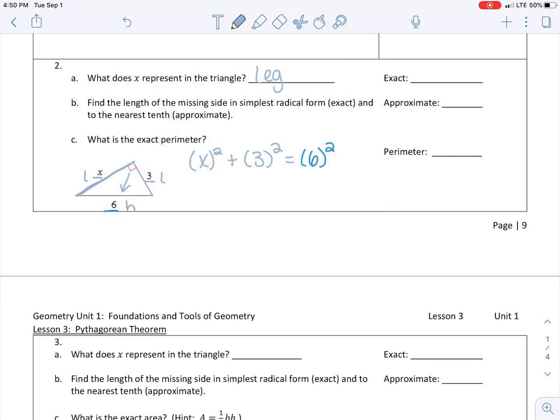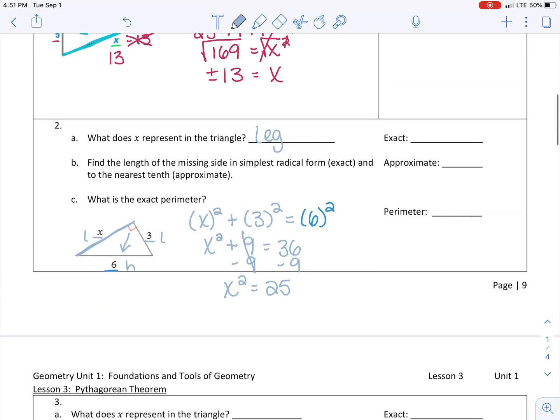So from here, again, we're just going to do some math. So we have x squared plus, if we square 3, we get 9. And if we square 6, we get 36. Again, just going to do some math to solve for x. So we're going to subtract that 9 away. And we end up with x squared equals 25.